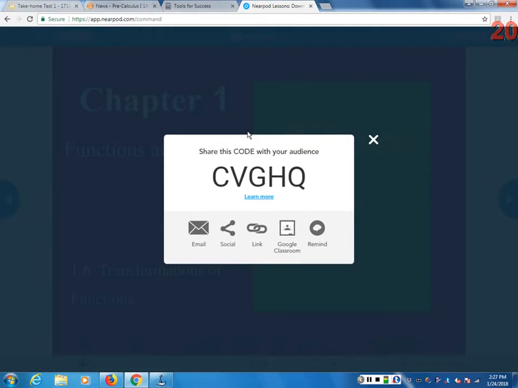So this is the code. You're going to go to nearpod.com on your computer, probably the easiest. If you have an iPad with you, you can do that too. Okay, this is the Nearpod that goes with this lecture.